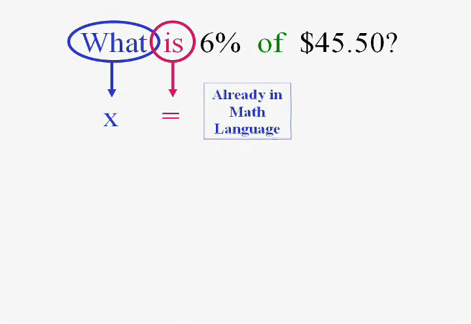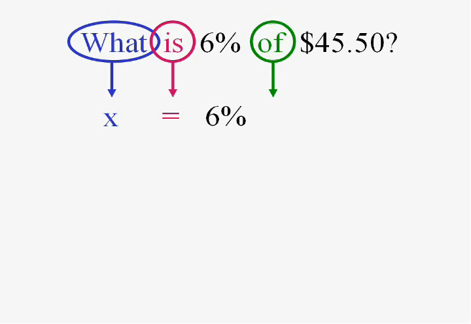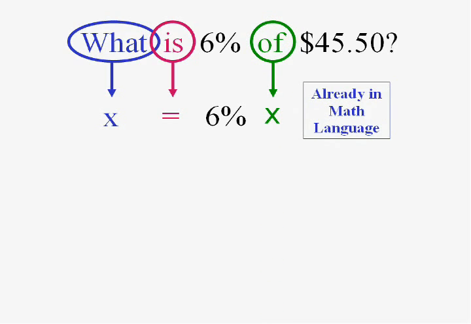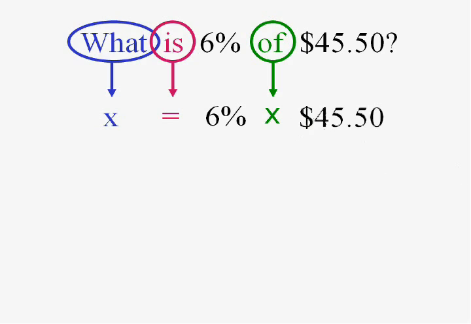Now 6% is already in math language, so we just write 6%. Of is times, and there again, 45.50 is already a number. So you've got your equation. It's pretty easy. We just went word for word.